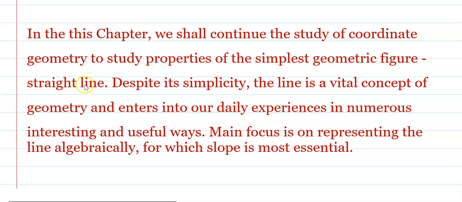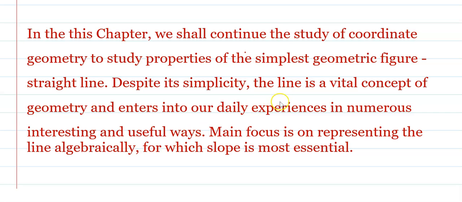Now in this chapter we shall continue the study of coordinate geometry to study properties of the simplest geometrical figure, the straight line. Despite its simplicity, the line is a vital concept of geometry and enters into our daily experiences in numerous interesting and useful ways.